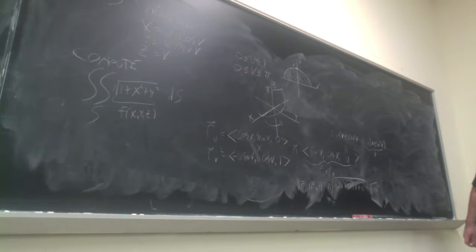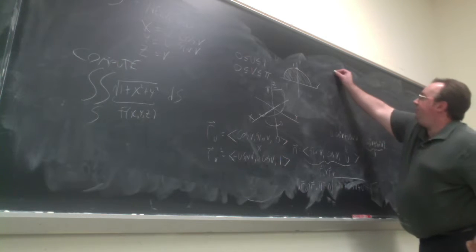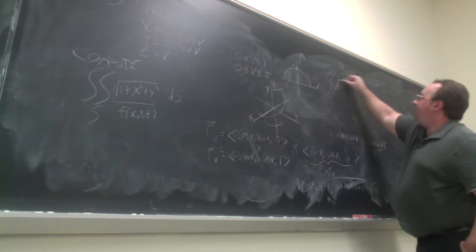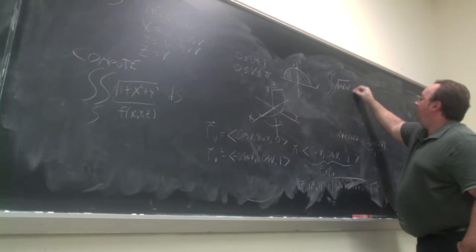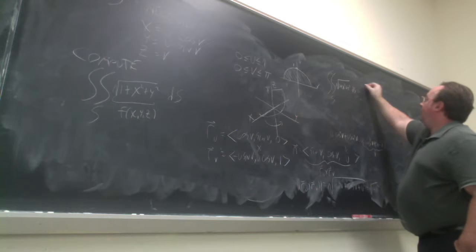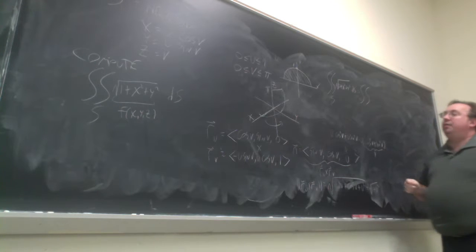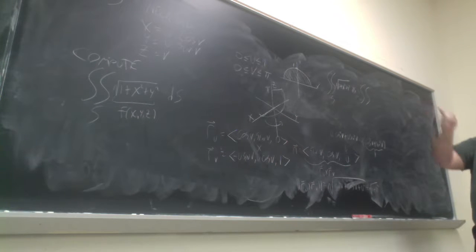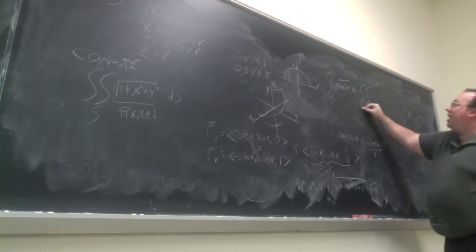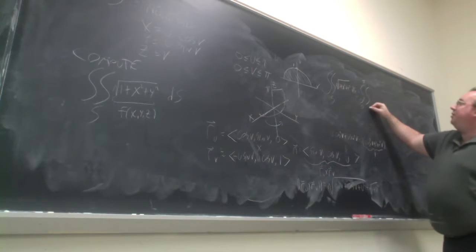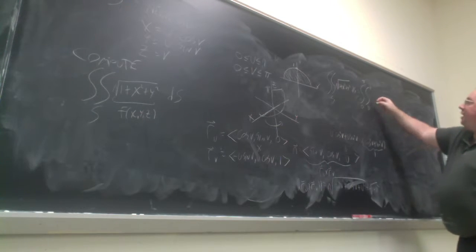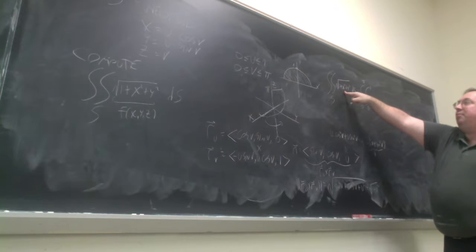So now we can finish setting up the integral. So the integral of this given function, 1 plus x squared plus y squared, over the surface, is now going to be an integral with limits from u and v. So we have 0 to pi in v, 0 to 1 in u, and then we have to express this in terms of u and v.